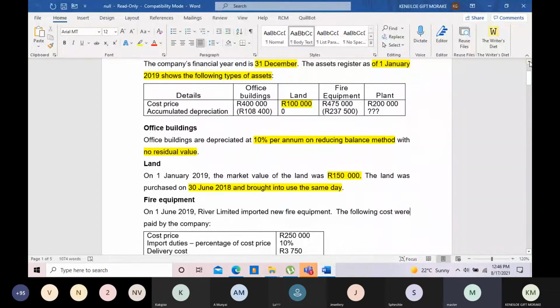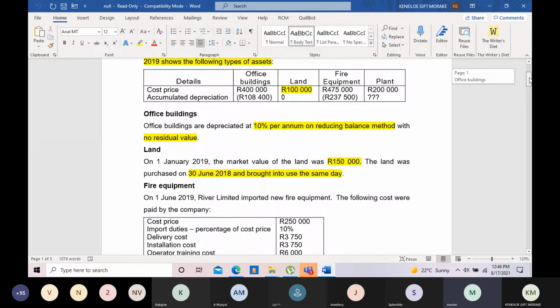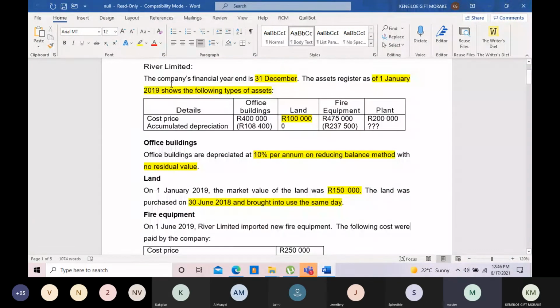So let's get into the solution very quickly, and how to deal with these things. I hope you got what I was saying here about the issue of the date. Tomorrow they will give you something similar to this one. Statement financial year end 31 December, and then they say asset register as of, then they'll mention the date. They can say as of 31 December 2019, so you must be careful of that.